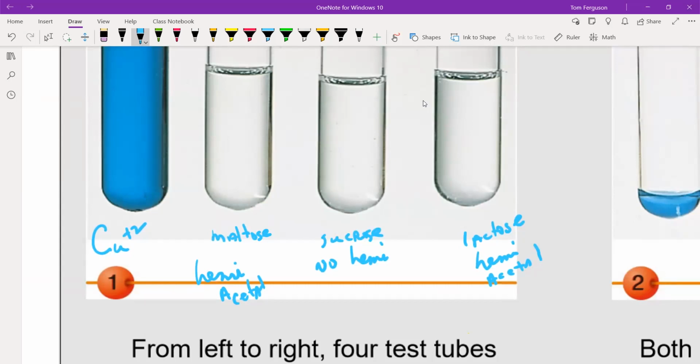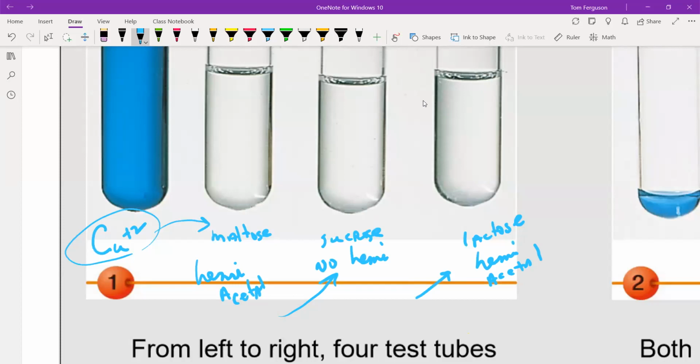So theoretically then, if we put this solution here in the maltose, it's going to be oxidized, the maltose. If we put it in the sucrose, nothing's going to happen because there's no hemiacetal present. If we put it in the lactose, it's going to be oxidized because the glucose is a hemiacetal, which opens up.